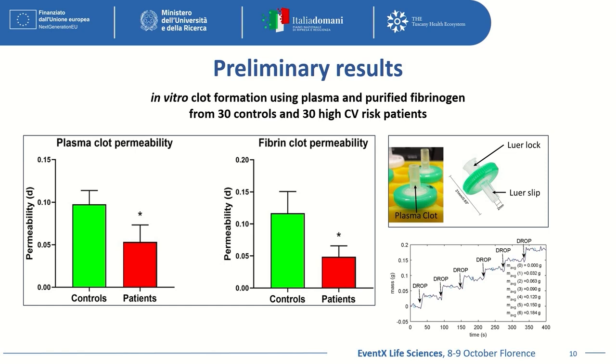Our preliminary experiment using plasma and purified fibrinogen from 30 controls and 30 high cardiovascular risk patients demonstrates that our device is able to distinguish controls from high cardiovascular risk patients.